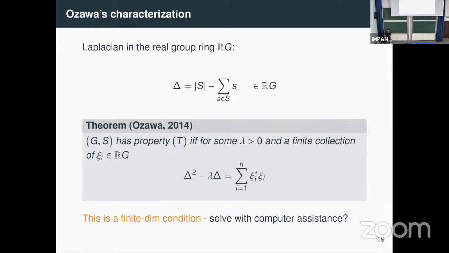This was very surprising, because it says that property T can be verified in finitely many dimensions.